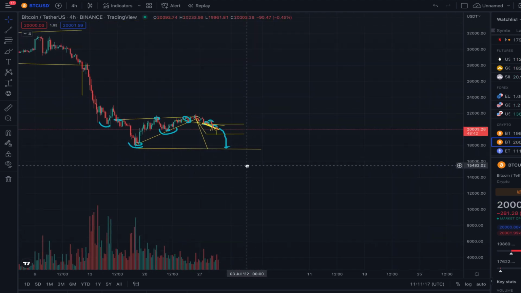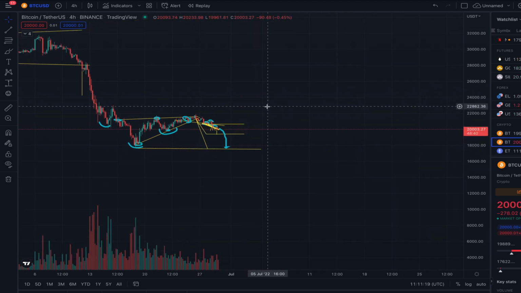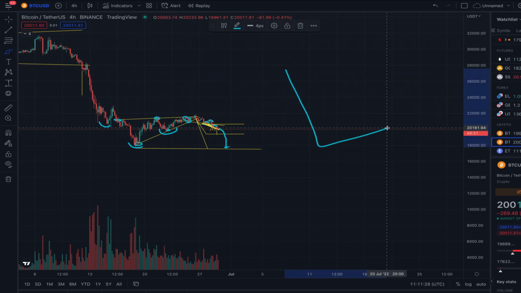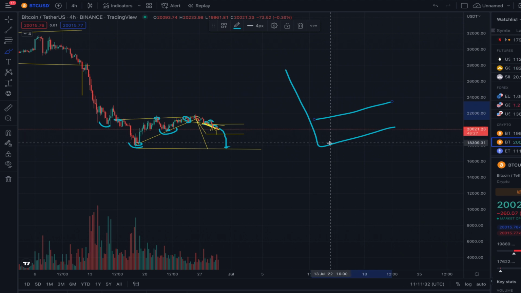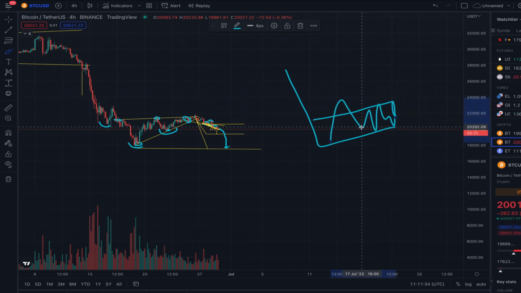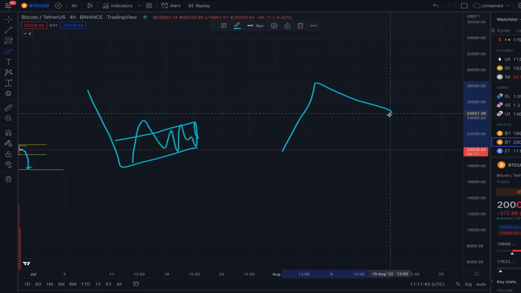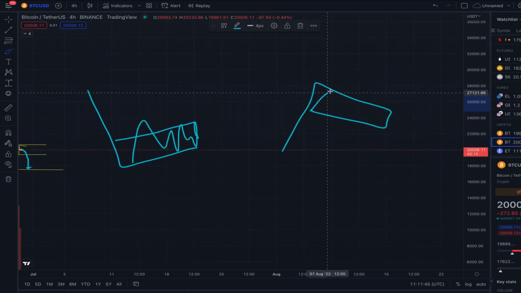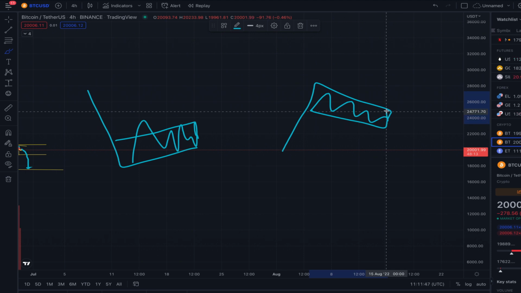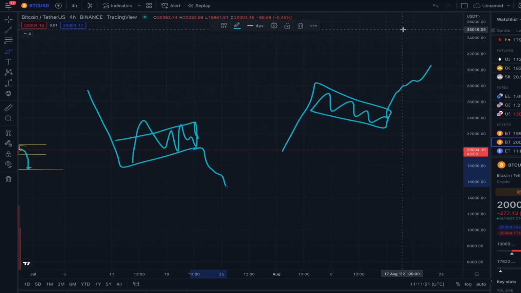This right here is a bear pennant, and it works the same like a bear flag. So instead of something that looks like this, so this right here will be a bear flag of price action narrowing inside, and this will be a bull flag and price action is going on here. So this should break to the upside and this should break to the downside.